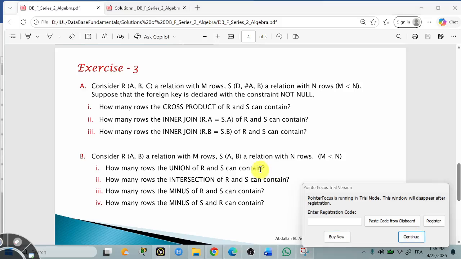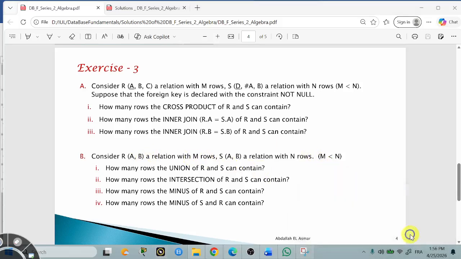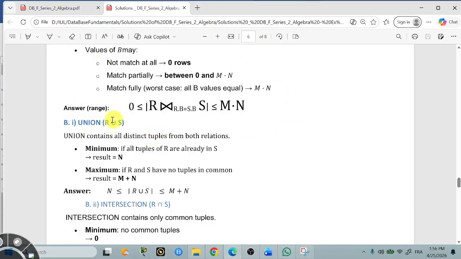Let's assume R is a subset of S, because m, the number of rows of R, is less than n, the number of rows of S. Remember, union contains all distinct rows. We don't add duplicates from both. So what's the minimum number?